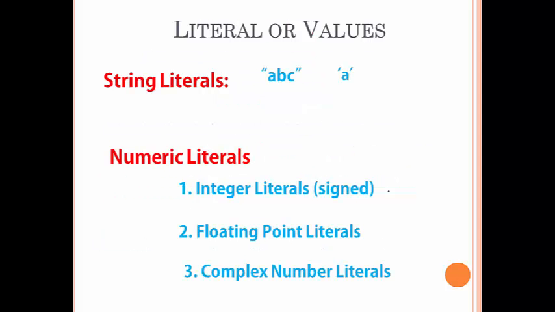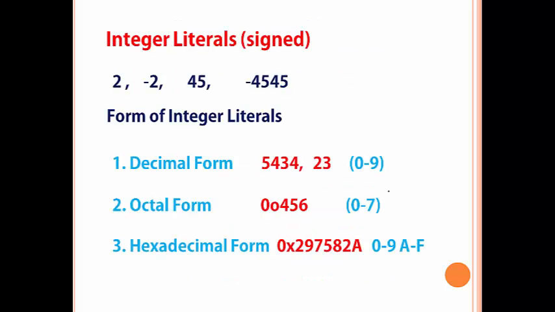Now literal values. A string literal like ABC or A can be put in double quotes, single quotes or triple quotes. There were three types of numerical literals: integer, floating point and complex number. Integer literals have different forms: decimal, octal and hexadecimal.